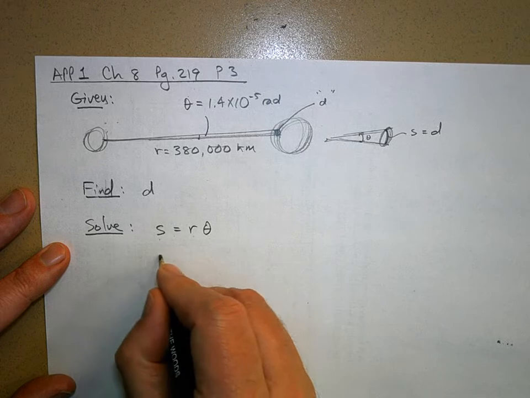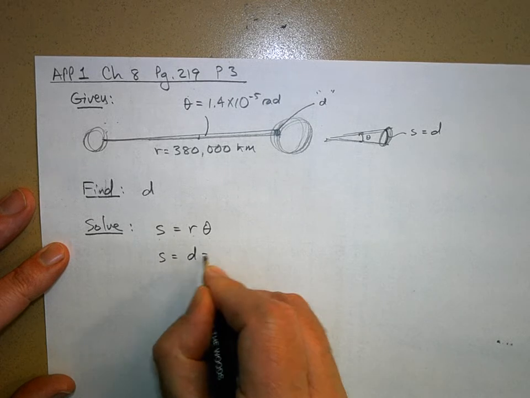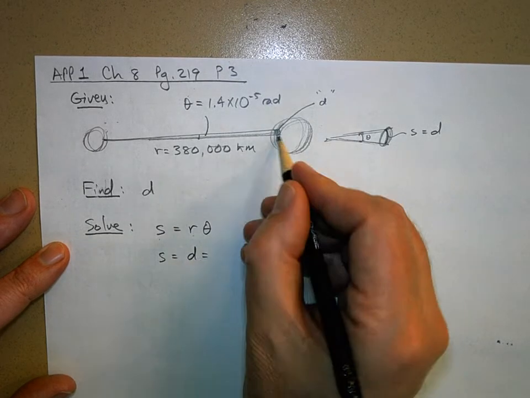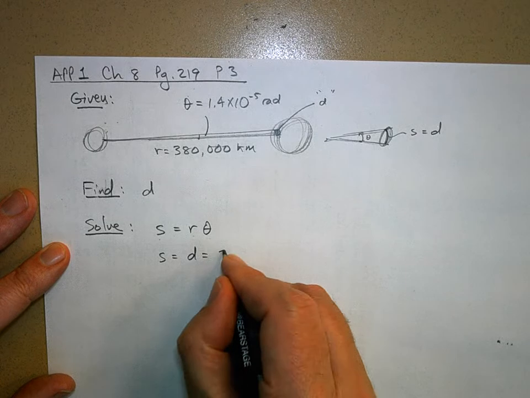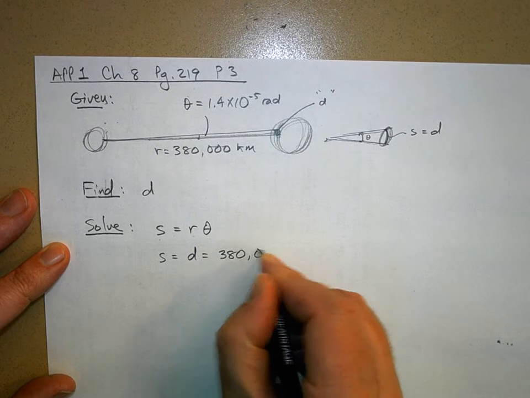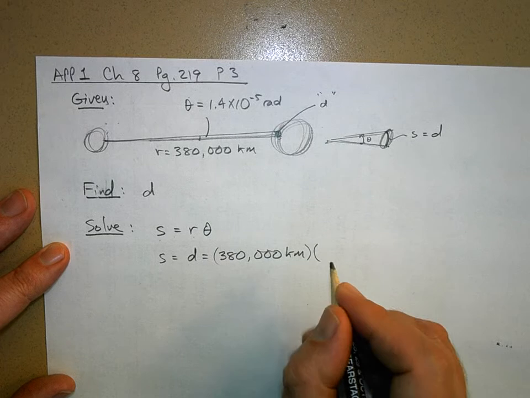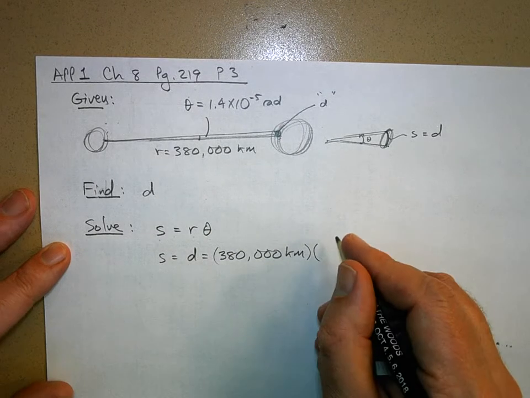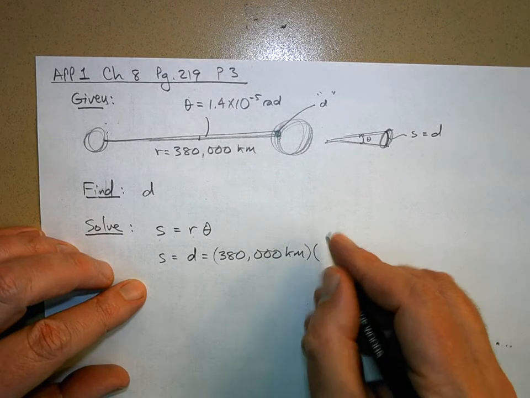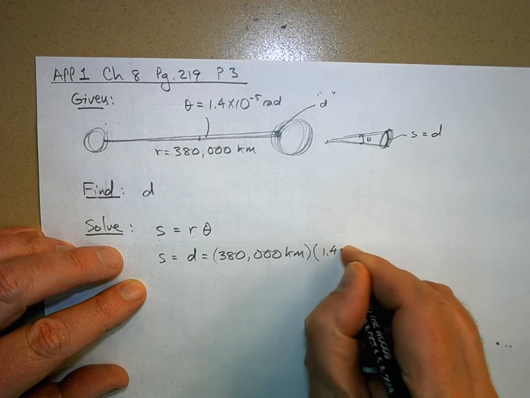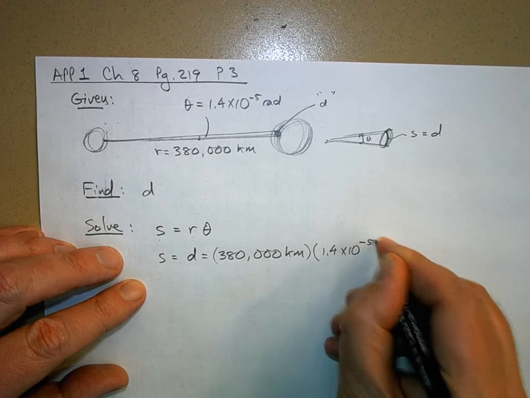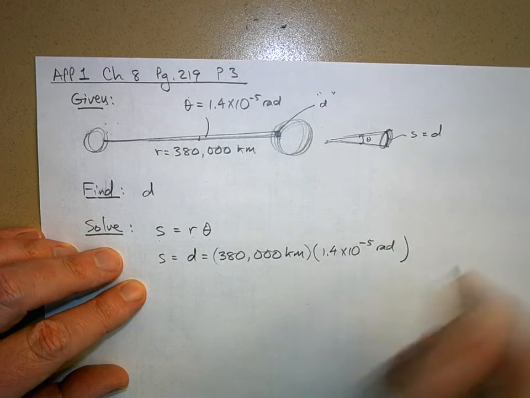So we're going to say that S equals D, our diameter of our spot, and that's going to be equal to 380,000 kilometers. And then we're going to multiply that by 1.4 times 10 to the negative 5 radians.